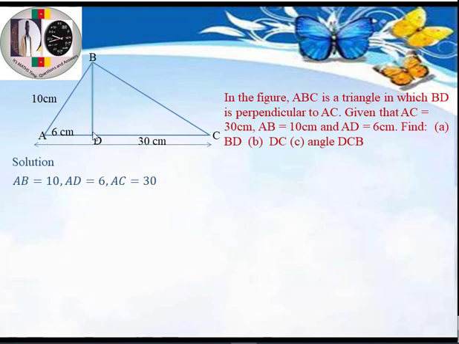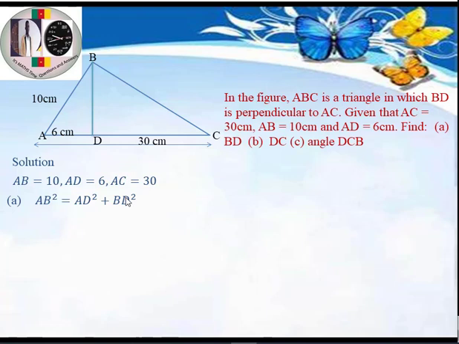We are looking for BD, which we don't know. From Pythagoras theorem, the hypotenuse squared is equal to the other side squared plus the other side squared. So we have the hypotenuse squared, which is AB squared, is equal to AD squared plus BD squared.